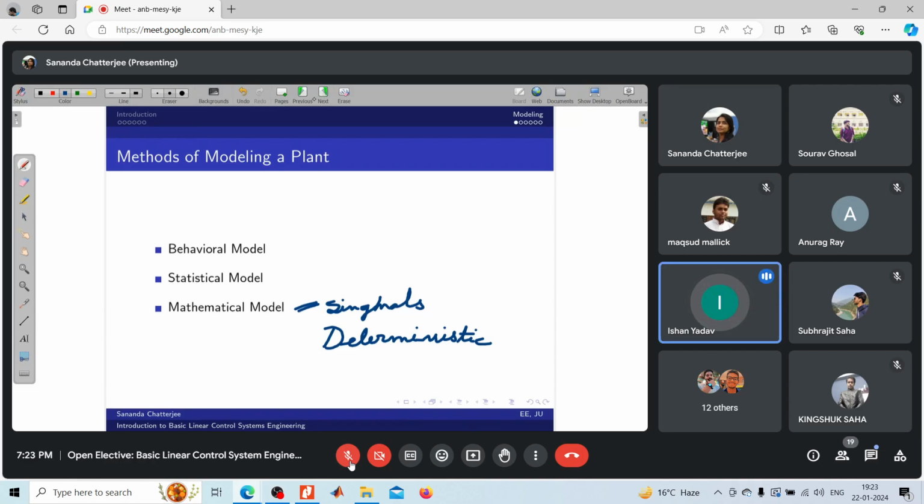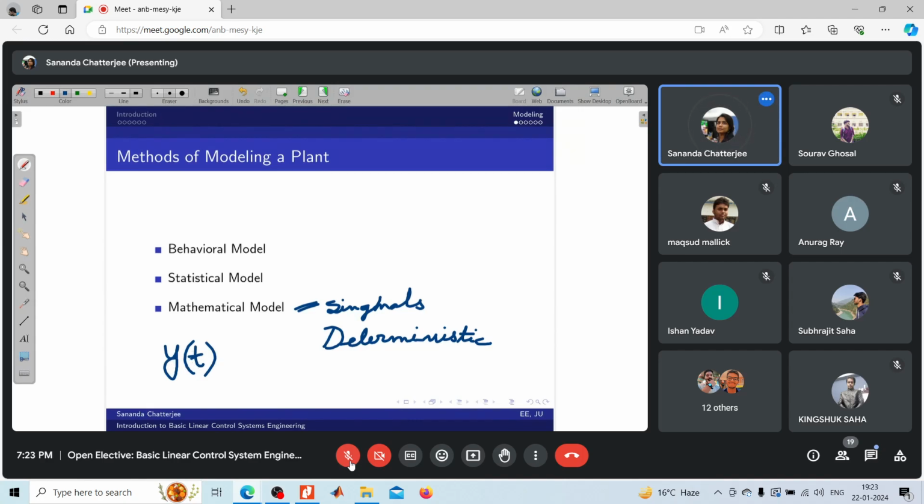Ma'am, can you explain what you mean by signals are deterministic? Signals are deterministic when at any point of time you have the complete description about the value of the signal. See here, a signal means a physical quantity. Say if I describe a signal y, it will be a function of an independent variable.